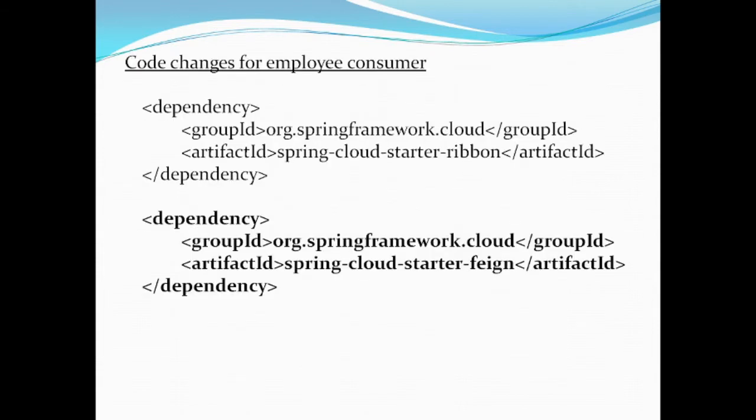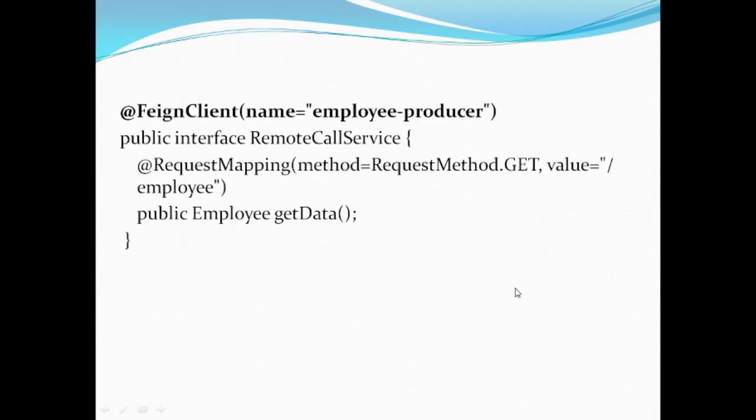The additional dependency needed for Feign client, apart from your Spring Cloud Starter Ribbon and Starter Eureka server, is a new dependency called Spring Cloud Starter Feign. At the consumer side, we need to write the Feign client annotation to give your instance name. Whichever service you are going to consume in this application, you have to provide that instance name.